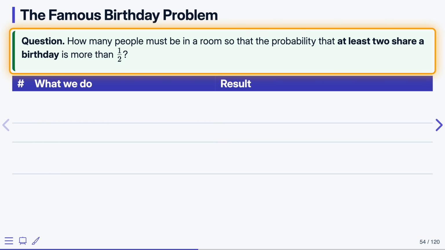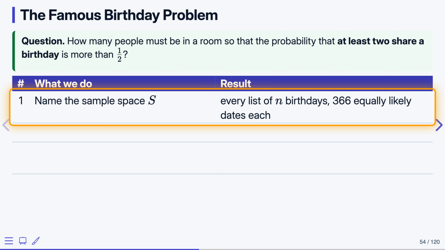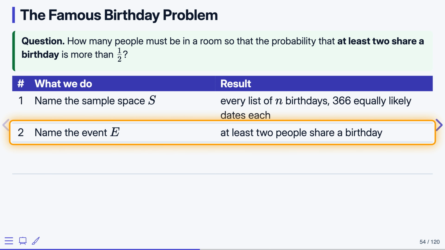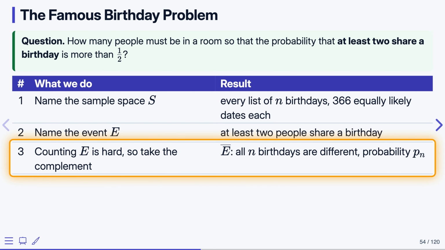This is a surprising puzzle. How many people must be in a room before it is more likely than not that 2 of them share a birthday? Step 1. The sample space is every list of n birthdays. We assume 366 equally likely dates. Step 2. The event is, at least 2 people share a birthday. Step 3. Counting that directly is hard, so we use the complement.